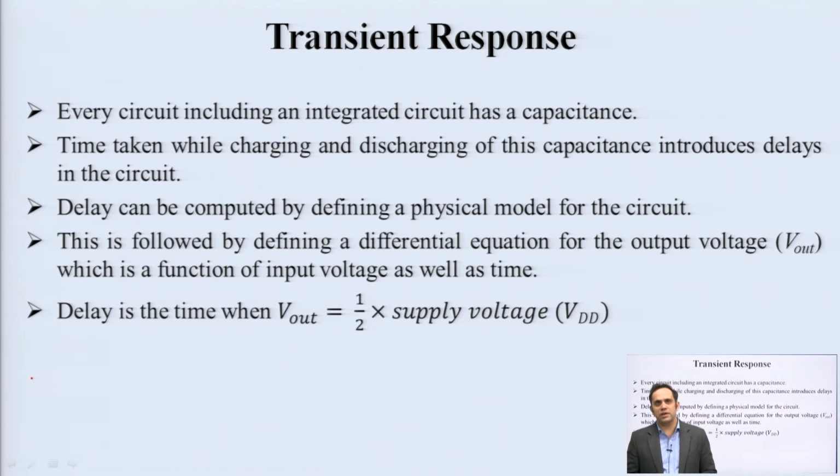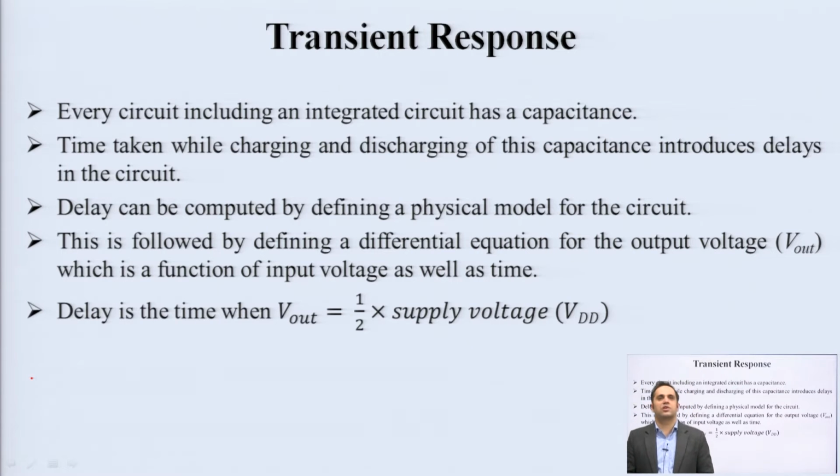Okay. So, our aim is to arrive at some kind of a model where you can quantify this time which it takes for the signal to reliably appear at the output. Okay. So, this is done by defining a differential equation for the output voltage, which is going to be a function of two things.